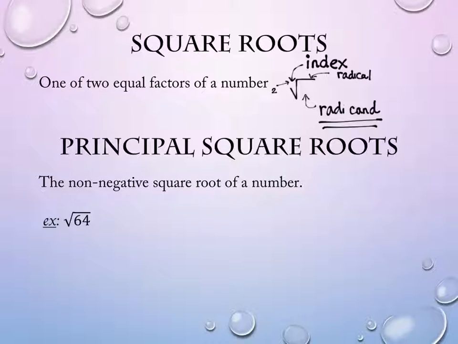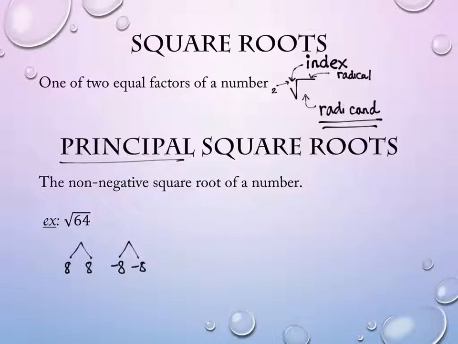What is one way to break 64 down into two equal factors? 8 and 8. Technically, what's another way to break it down? -8 and -8. And they're actually both the square root of 64. All right? They really are.